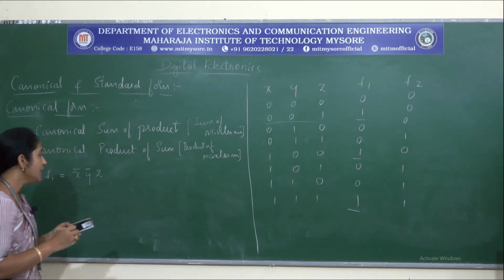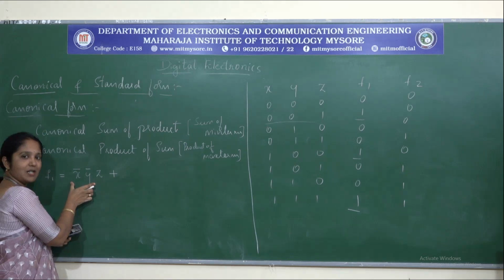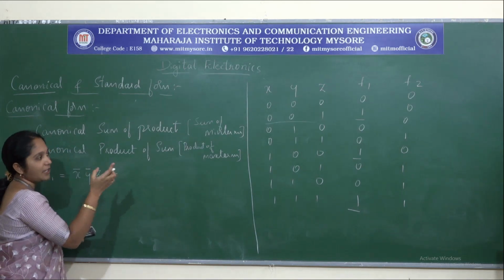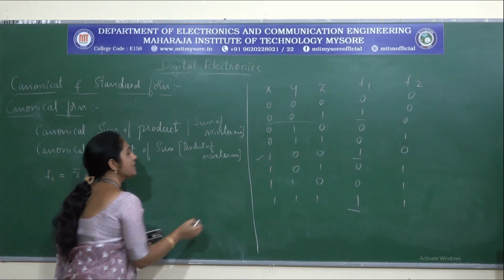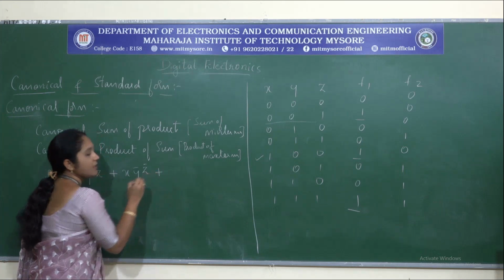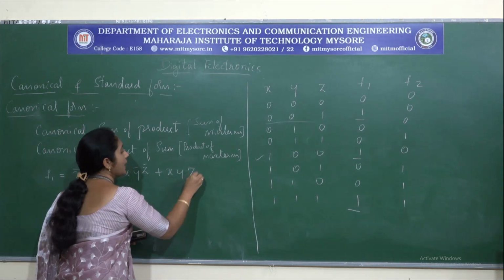While considering those, we are going to use OR. This combination will result in logic 1 for the output, or if this is not there, then the next combination we have is this one, that is x, y bar, z bar. That is the next combination. At last we have x, y, z.